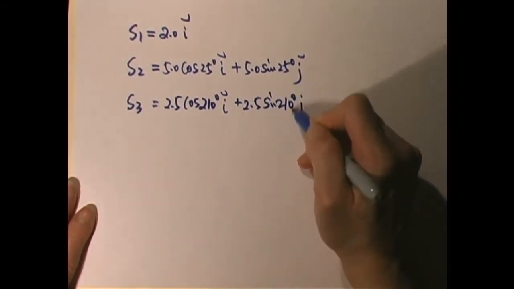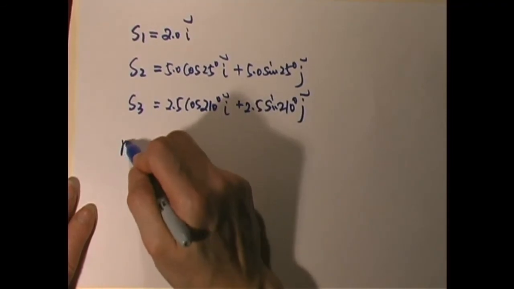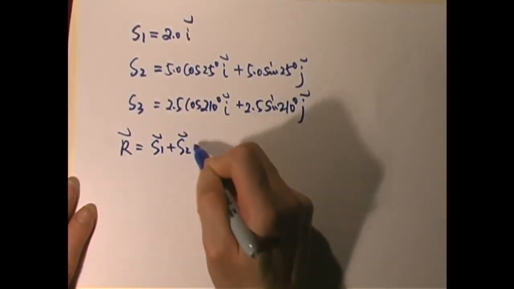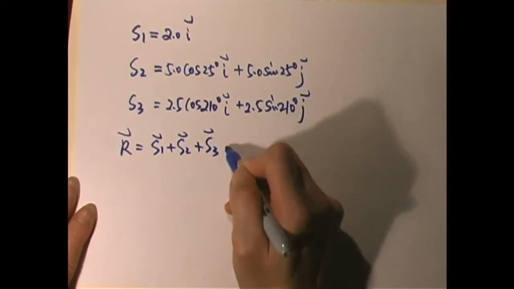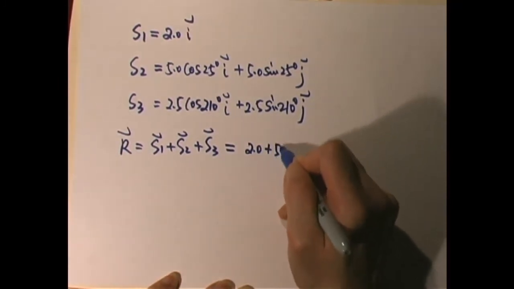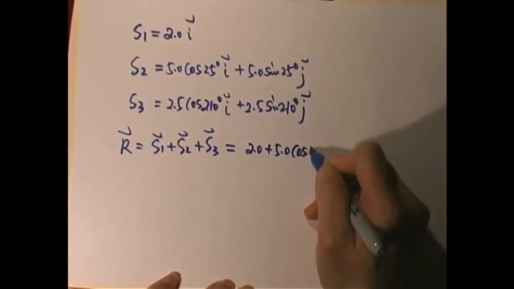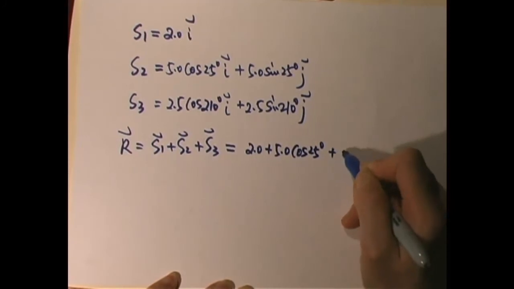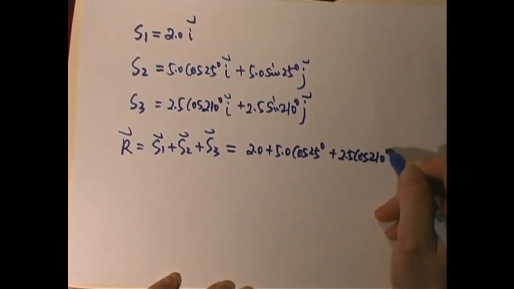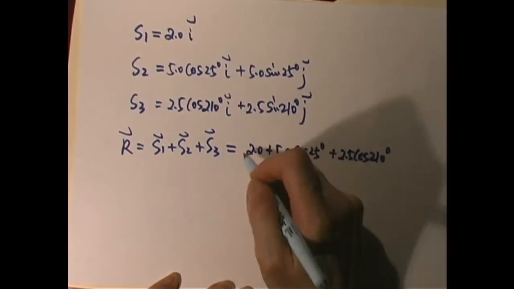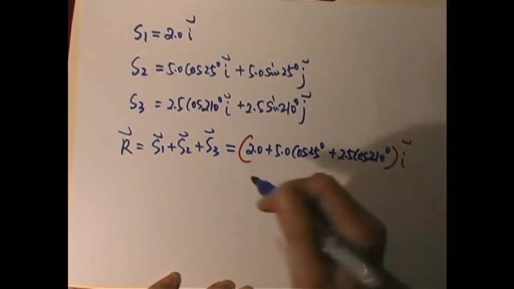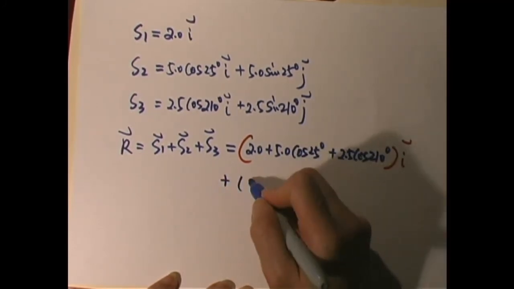So the resultant of S1, S2, S3 ends up as 2.0 plus 4.0 cosine 25 degrees plus 2.5 cosine 210 degrees. That is the x component added together, of i, plus all the y.